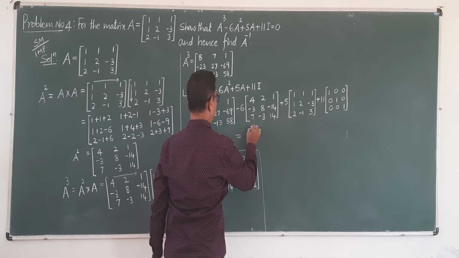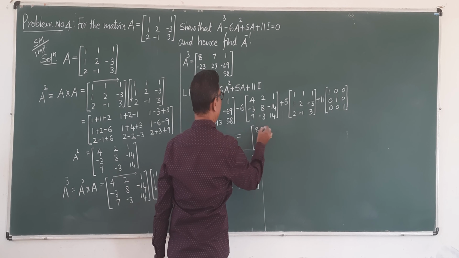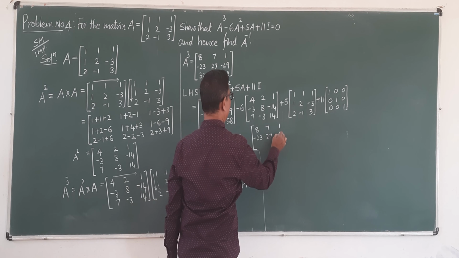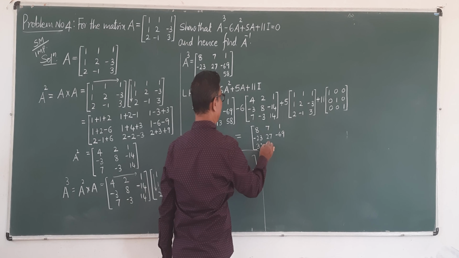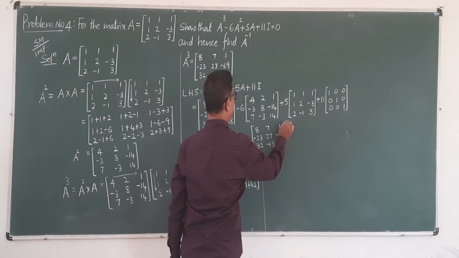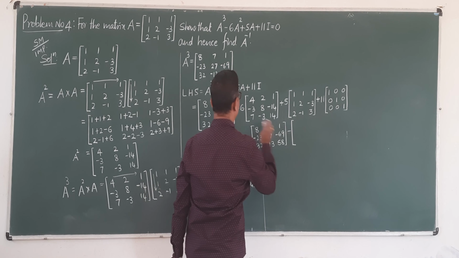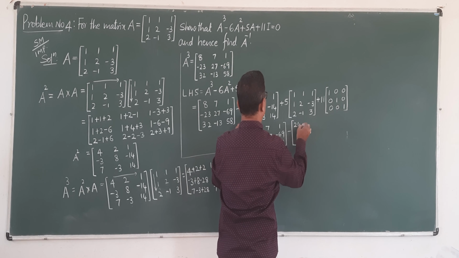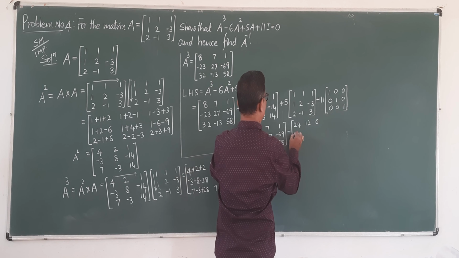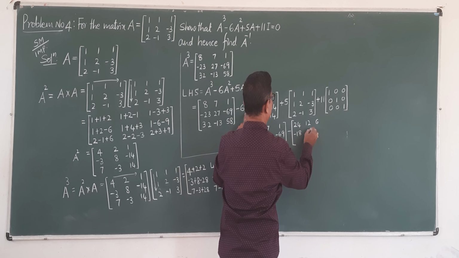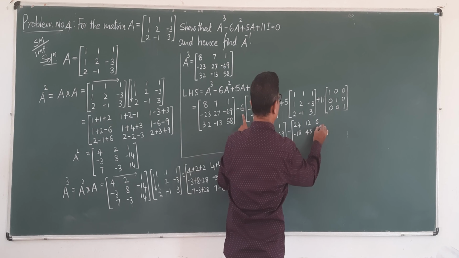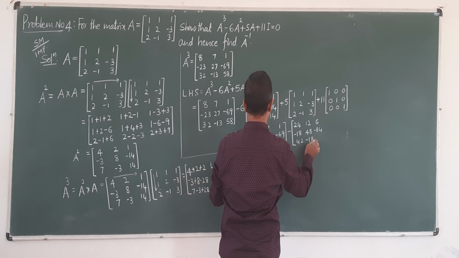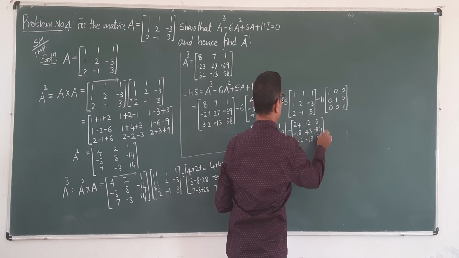Is equal to matrix 8, 7, 1; minus 23, 27, minus 69; 32, minus 13, 58, minus, by scalar multiplication, multiply each element by 6: 6 4s are 24, 12, 6; minus 18, 6 8s are 48, 14 6s are 84; 6 7s are 42, minus 18, then 84.